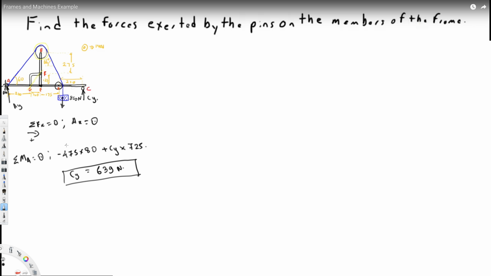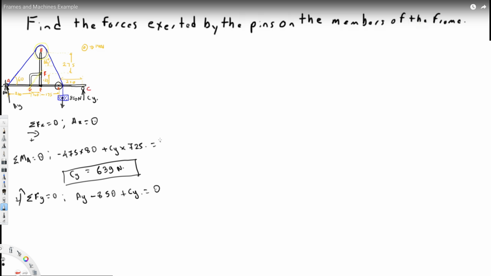Now I can calculate AY by taking the summation of Fy equal to 0 in statics. If I take upside positive, AY is going to be positive, and 850 kilonewton is acting downside, so it's going to be negative 850. Then CY is acting upside, so it's going to be plus CY, equal to 0.